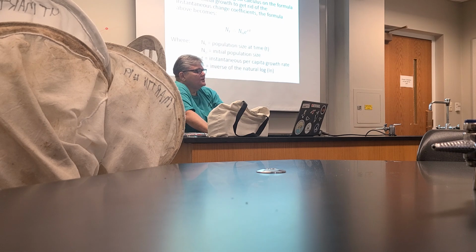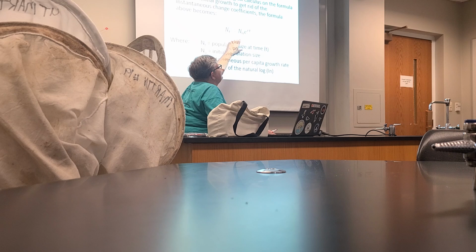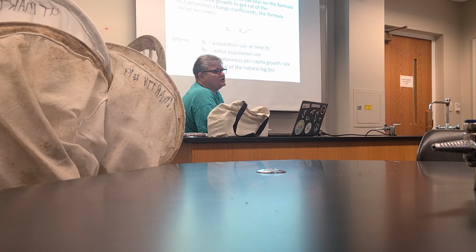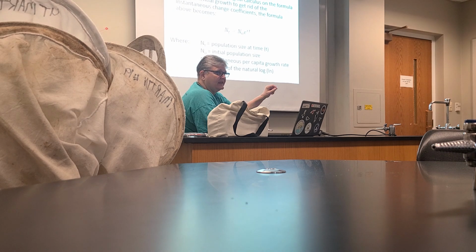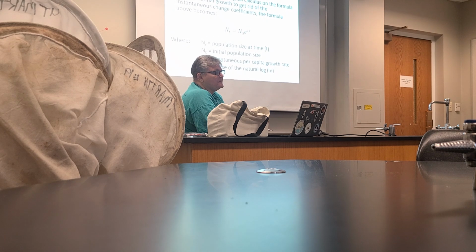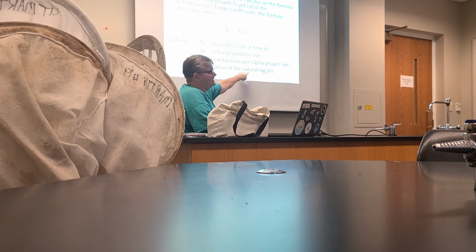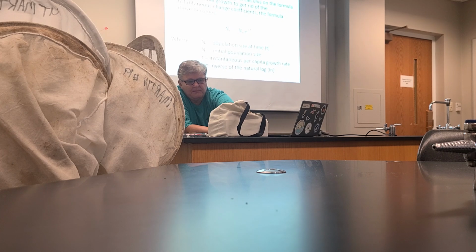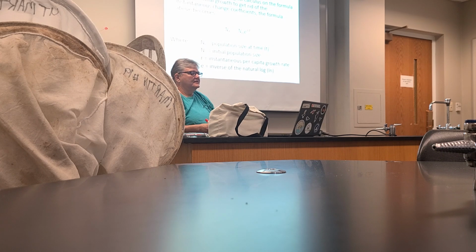All right, be careful as you're writing it down. It's N with a subscript of t. I think that one's pretty obvious. N with a subscript of 0, which means we're always going to start with our initial population size. So N at time 0, that's what that 0 is. e is the inverse of the natural log, which is why we're going to use our calculators for a minute today. r is our growth rate, and t is our time.